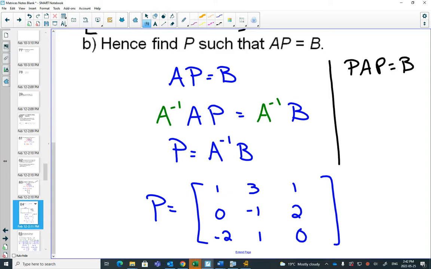But it feels like you should, because there's only one thing you don't know, which is P, but it's in two different spots. I feel like there should be one, but I can't think of one off the top of my head.